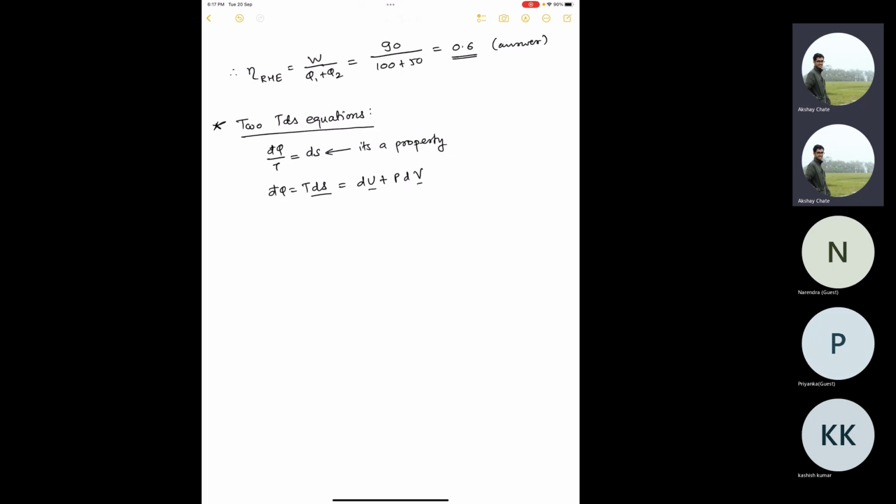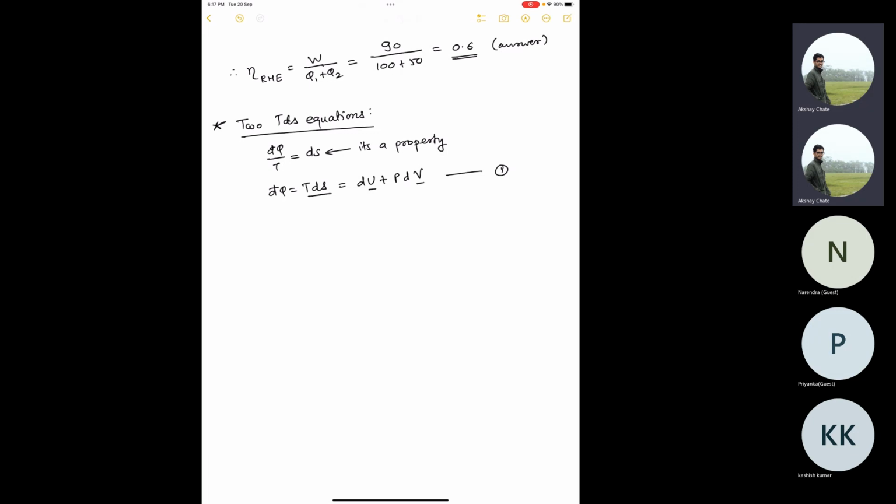These are multiplied by mass. Internal energy is in joules, not joule per kg. Volume is like this. PdV is also in joules, not joule per kg. So this TDS should also be in joules, not joule per kg. So these are extensive properties: U, V, P, T, S. So this is one TDS equation.